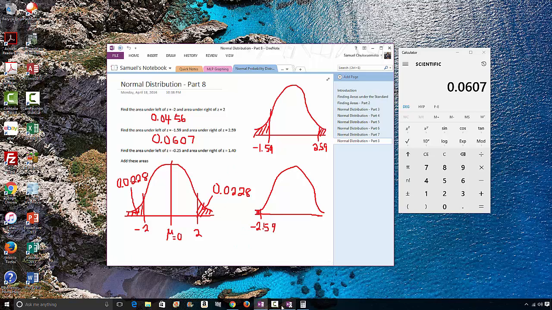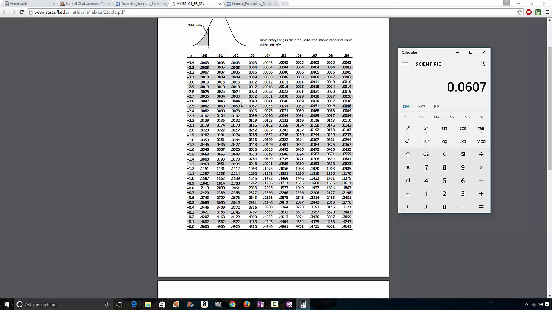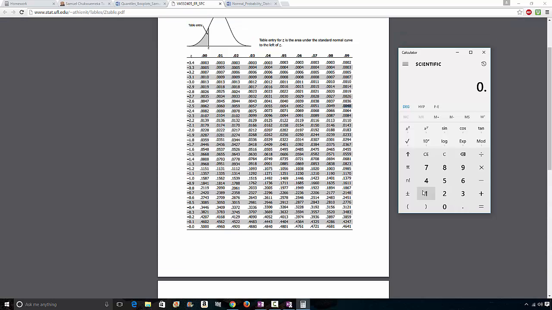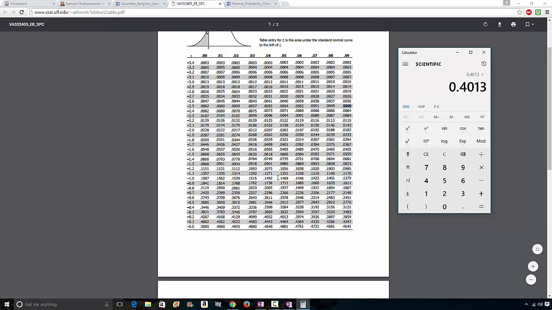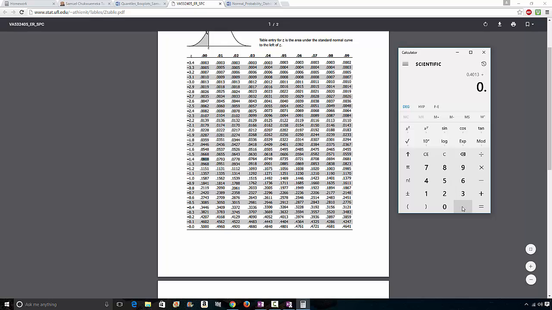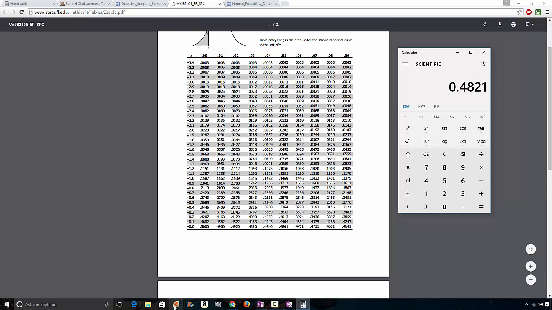So we have negative 0.25, that is 0.4013, plus negative 1.40 is 0.0808. And that gives us 0.4821.